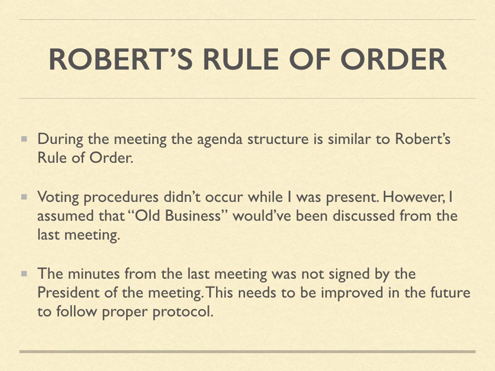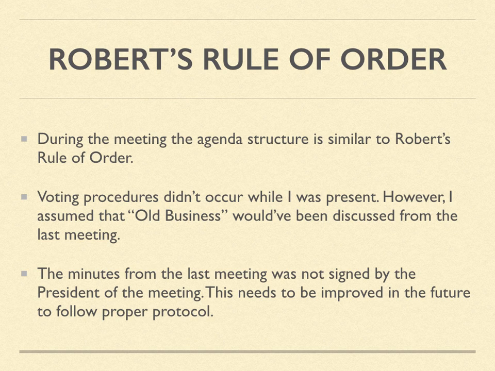When it comes to Robert's Rules of Order, during the meeting, the agenda structure is similar to Robert's Rules of Order, but you could see that it's more of a relaxed situation during their meeting. No voting happened during the meeting while I was present. However, I do assume that old business would have been discussed from the last meeting if something pertinent wasn't included.